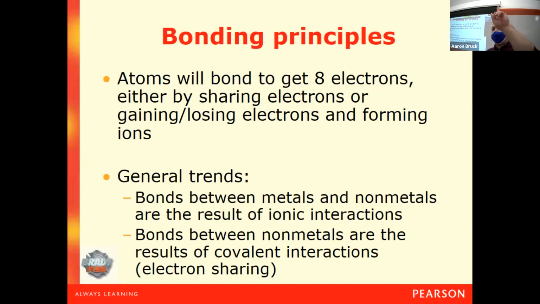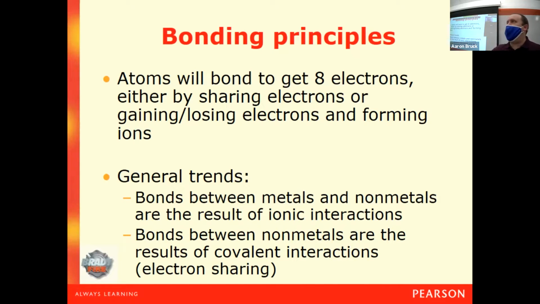If you've got 2 valence electrons, to get to 8, you either need to add 6 more, share 6, which you don't have, or lose those 2. Metal ions are much more likely to lose those 2 and form ions.